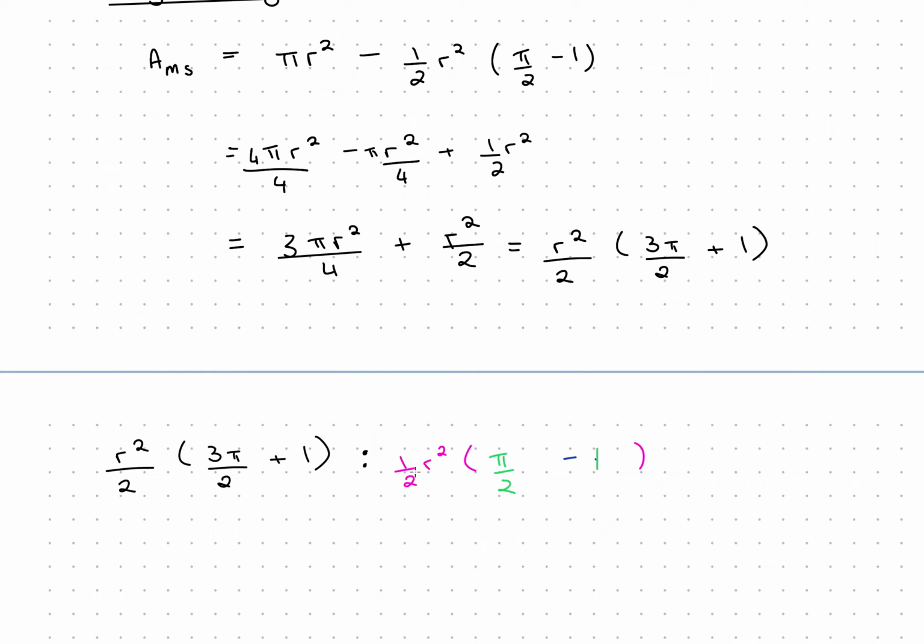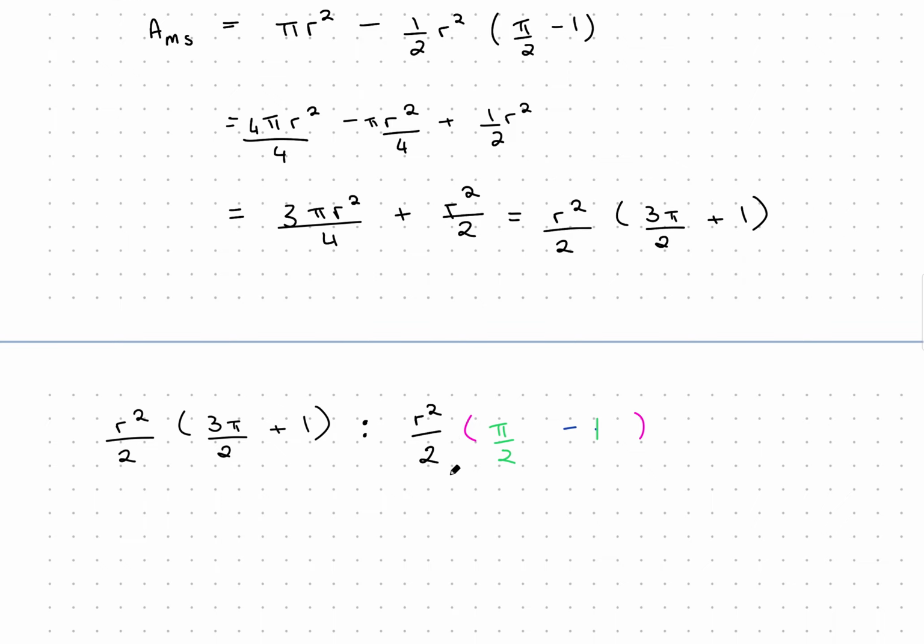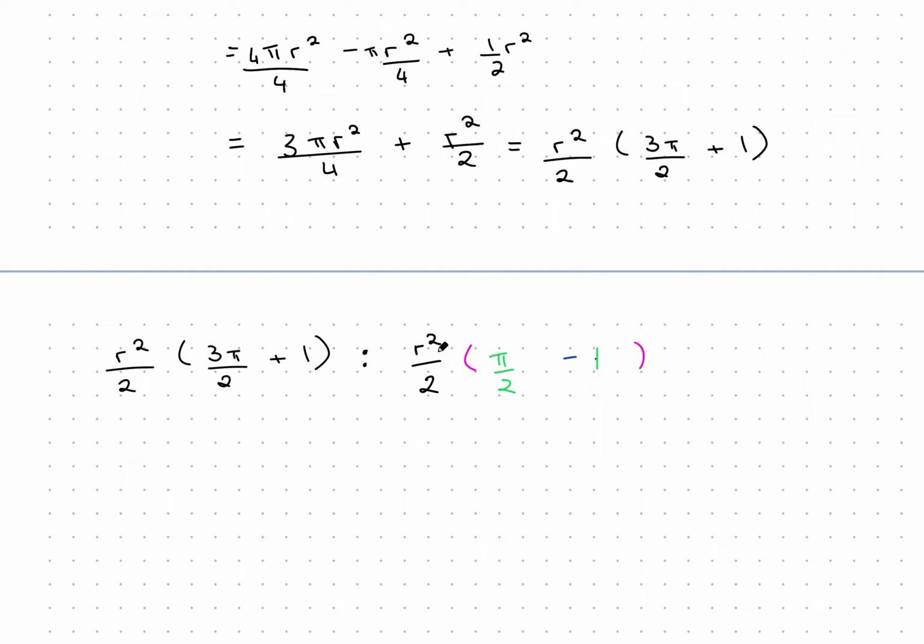And you'll see now why I factorized out the half and the r squared. So this could actually be written as r squared over 2. I'm going to divide both sides by r squared over 2. I'm allowed to do that. And then I have 3 pi over 2 plus 1 is to pi over 2 minus 1.